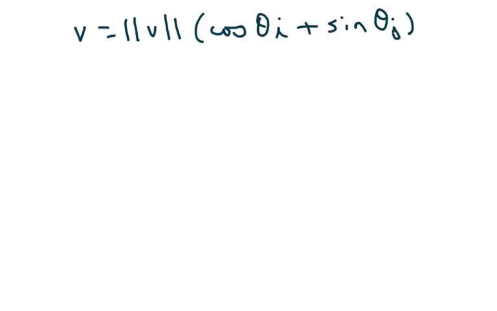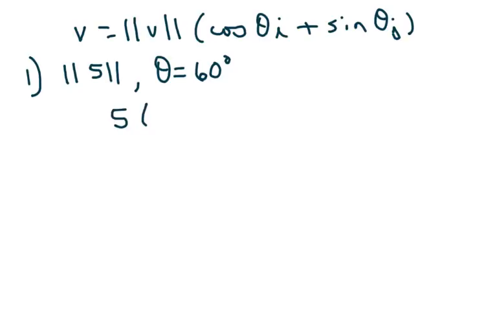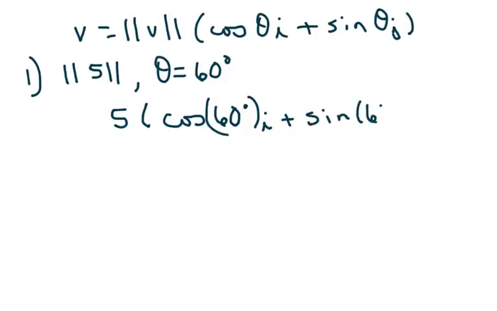The first one we're going to do, we know the magnitude is 5, and our theta equals 60 degrees. So basically what we're going to get is 5 times cosine of 60 degrees i plus sine of 60 degrees j.